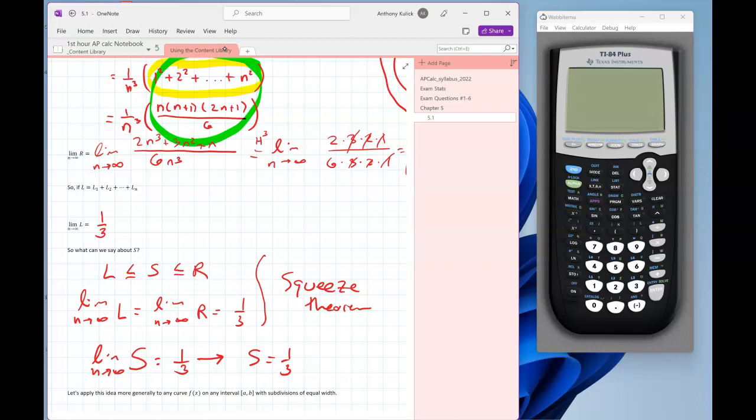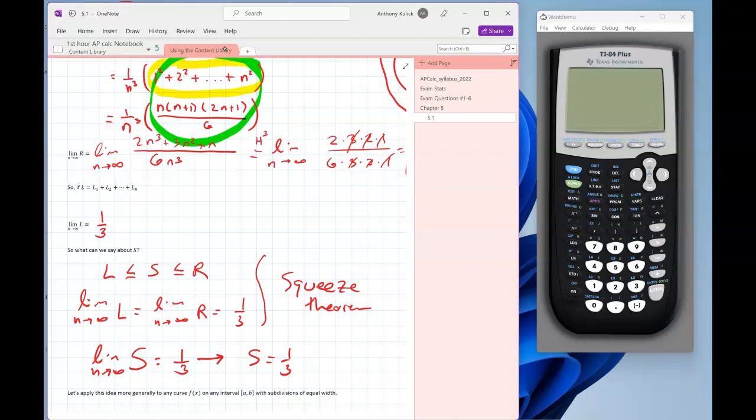As we go on through this chapter, we're going to talk about how to get that. But right now, that's purely an artifact of Mr. Kulik choosing a nice example function that we can use a series formula on that we already knew, so that we can get this to work out to be a specific number.